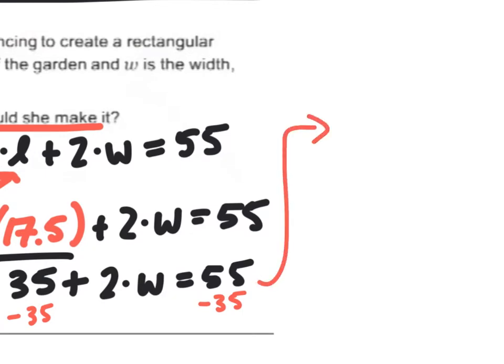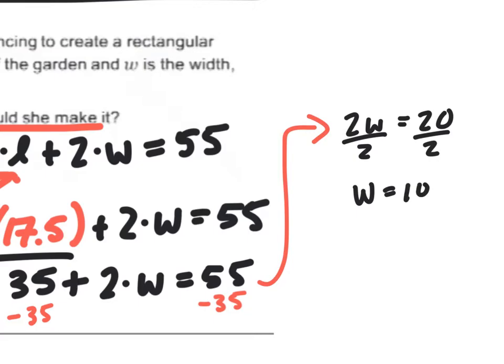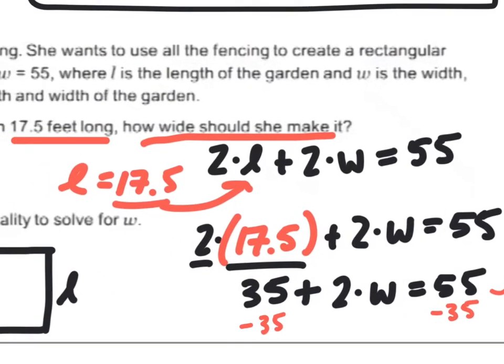So I'm going to get 2W, and then 55 minus 35 is equal to what, 20? So if I divide by 2 and divide by 2, then W is going to equal 10. Okay, so my width is 10 feet.